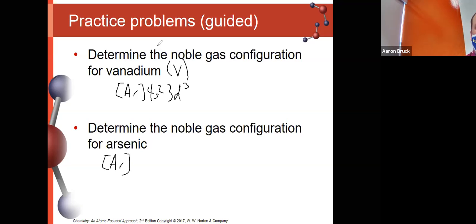Argon is followed by 4s2, the entire 3d block, 3d10, and then arsenic is the third element in that p block, so it is 4p3. The difference between arsenic and argon is a 15 electron difference, and I've accounted for those 15 electrons: 2 in the s, 10 in the d, and 3 in that 4p, that final configuration.